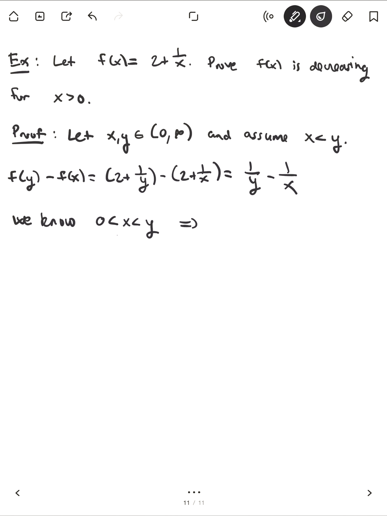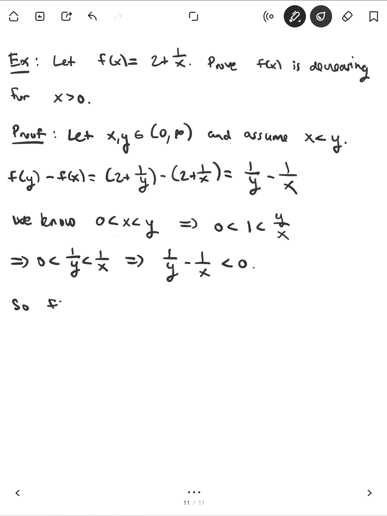Which means I can divide everything by x, and I get 0 is less than 1, which is going to be less than y over x, and I can divide everything by y, which tells me that 0 is less than 1 over y, and that's going to be less than 1 over x, which means 1 over y minus 1 over x is less than 0.